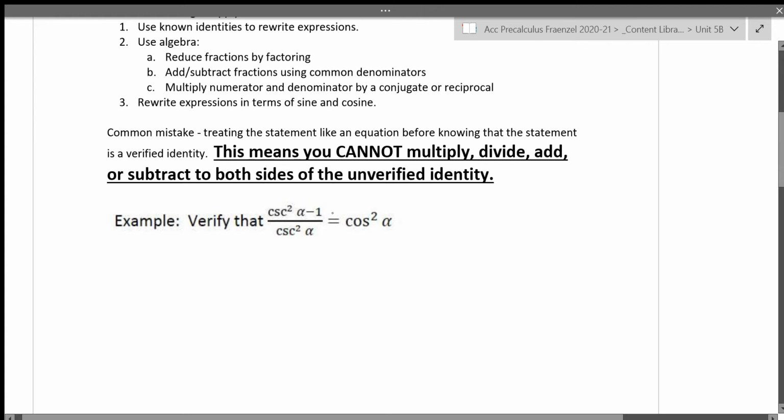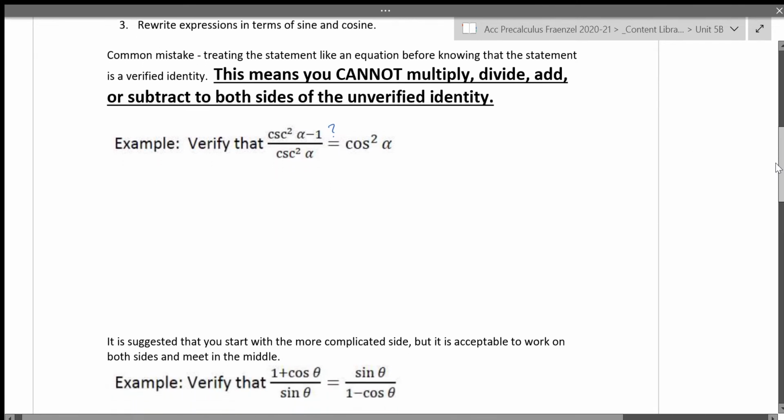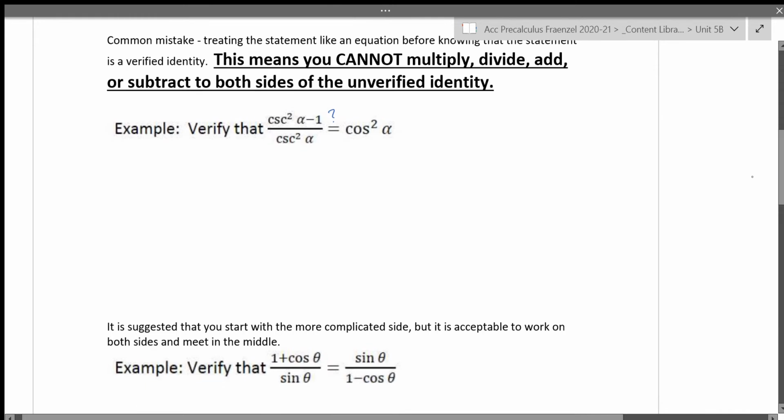This is basically saying, does this equal this? We don't know that yet, but does it equal one another? So we're here to verify those identities. So without further ado, let's go ahead and get right in.